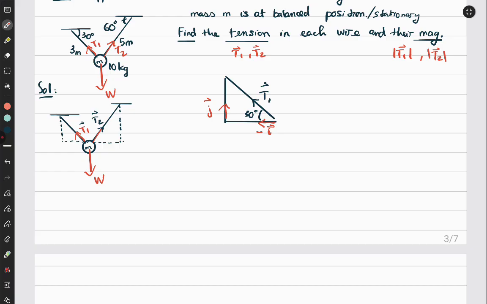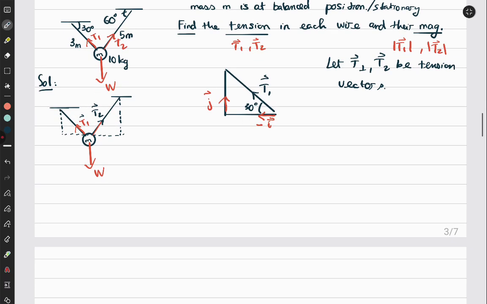I'm just going to write it out for you and I'm going to explain later, in a little bit. So let T1, T2 be tension vectors.